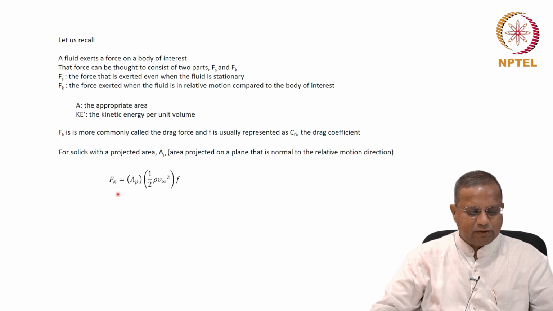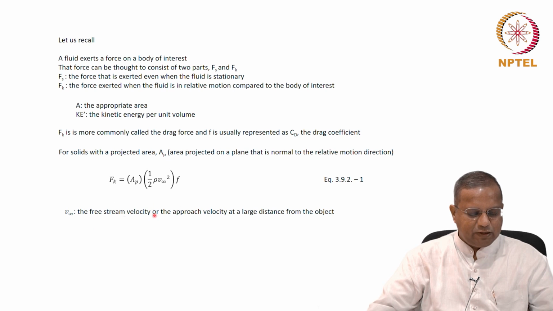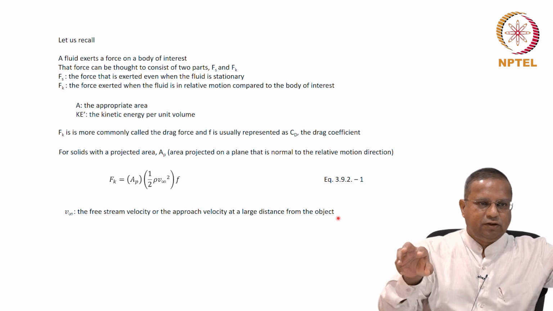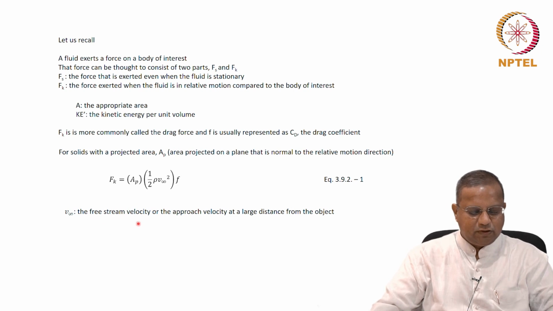In terms of the friction factor, the kinematic force is the projected area times the equivalent of a stress, half rho V infinity squared, times a friction factor for this case. Equation 3.9.2-1. V infinity is the free stream velocity, which is also called the approach velocity at a large distance from the object. Near the object, the velocities could be different. When the fluid is not under the influence of the solid, whatever velocity it has is called the approach velocity or the free stream velocity.